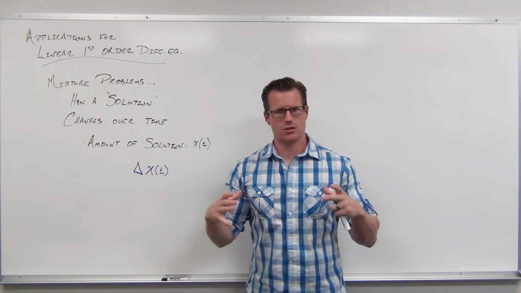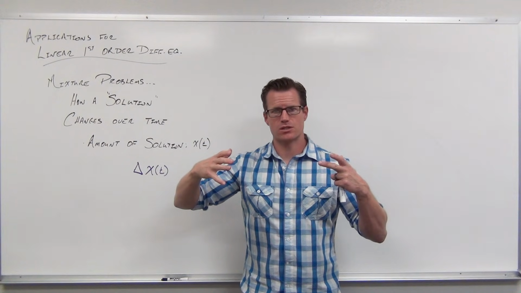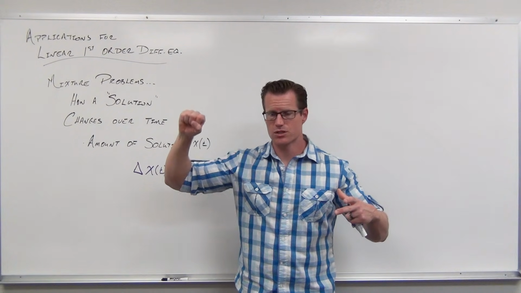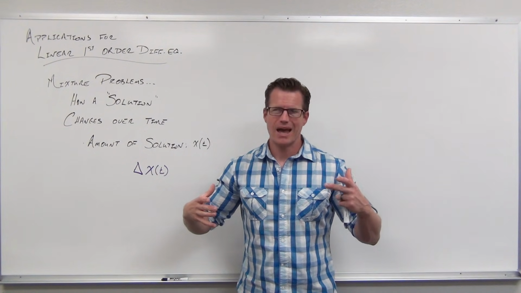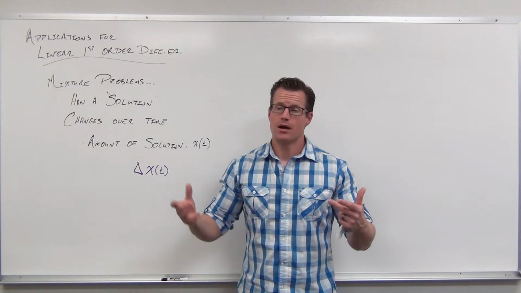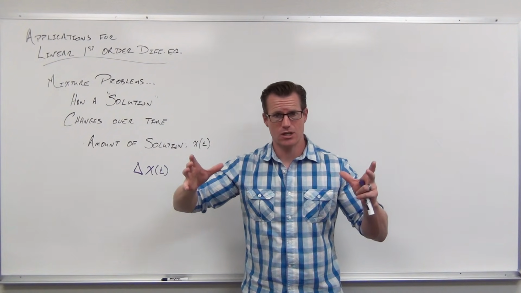What's in your tank is going to change. If you start pouring in a weaker solution, it's going to start having a weaker concentration. If you start pouring in a stronger solution, it's going to have a stronger concentration. And let's also imagine you're pouring something out. So at every moment in time, your concentration is changing in your tank.